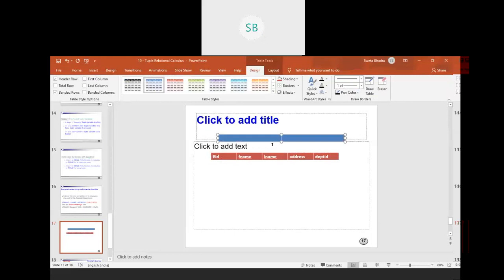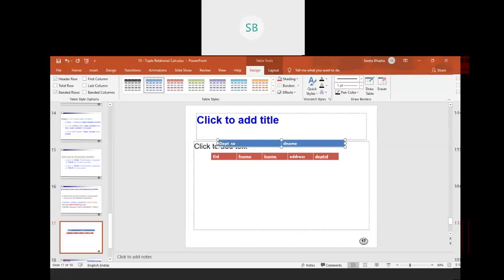So this is the department number, and this is the department name. So these are the two tables we are having, right? This is the employee table and this is the department table.